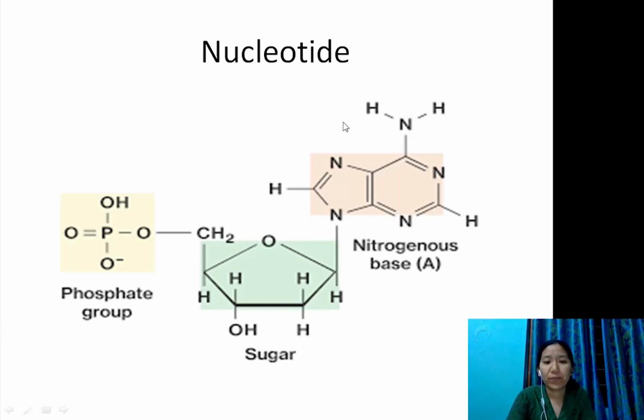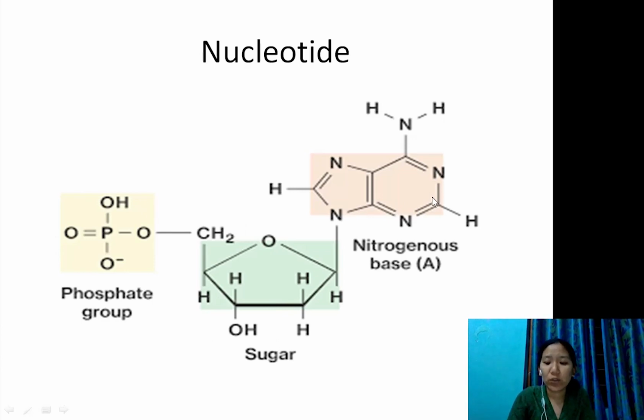The nitrogen base here is A, that is adenine. So this adenine linked with sugar will give us adenosine. And when this adenosine is linked with a phosphate group, we get adenylic acid, that is a nucleotide. So basically we can say that a nucleotide is composed of 3 components, that is phosphate group, sugar, and nitrogenous base.